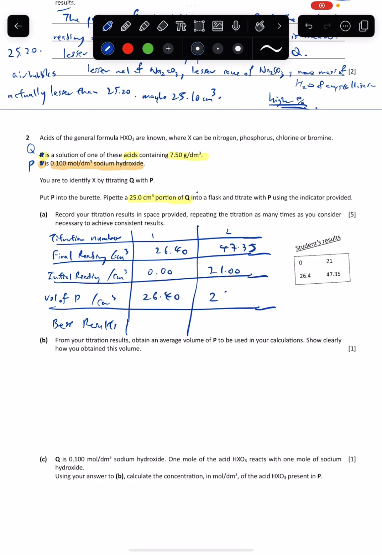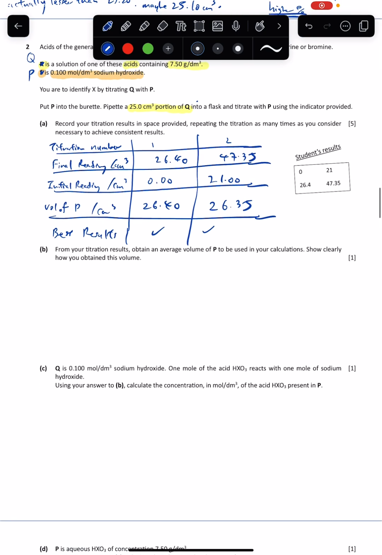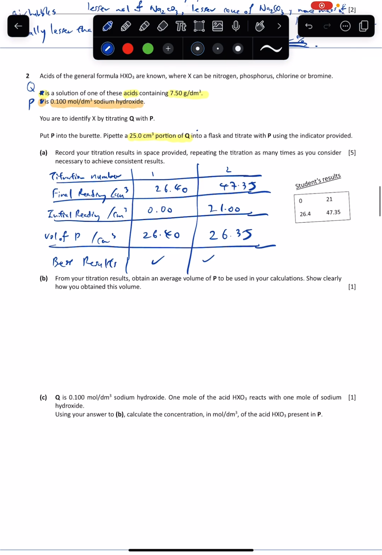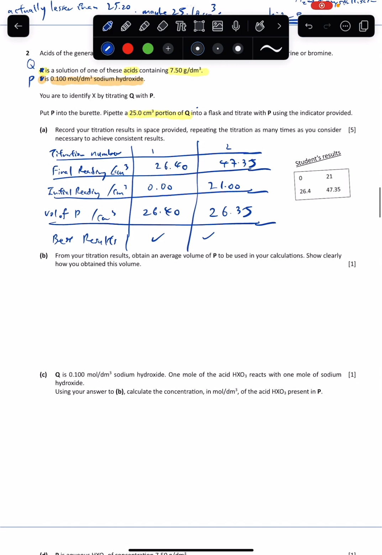26.40, 26.35. Take another mark, 3 marks. Wow, nice. 3 marks. Okay, so calculate average volume. Average volume of P, which is the NaOH: 26.40 plus 26.35.